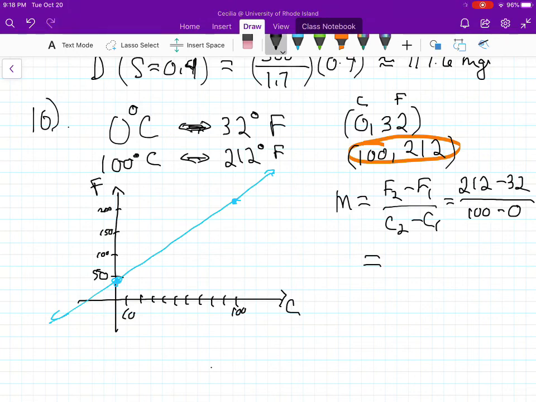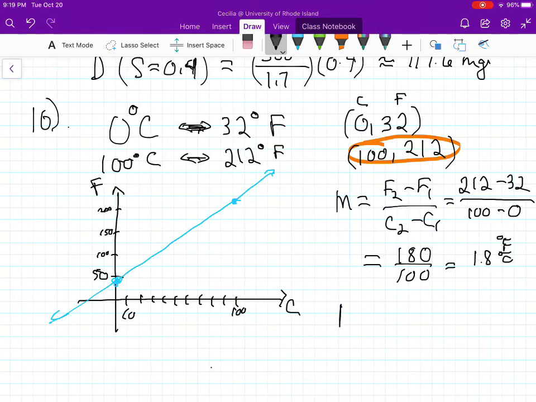So that's equal to 180 divided by 100, which is just 1.8. Okay, and that's degrees Fahrenheit for every degree Celsius. So just to be clear what our units are, they're units of rise over run.